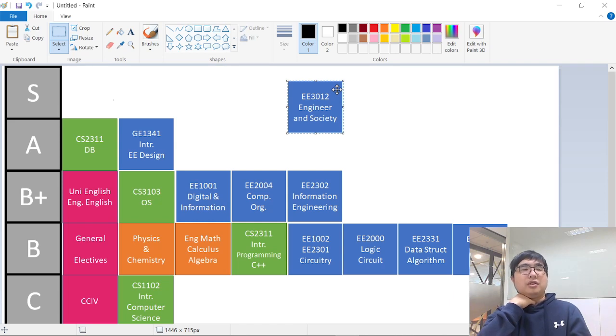You do have to pay a bit of work to all its assignments. You write some reflection essays. I think it's a bit like a seminar plus project based course.